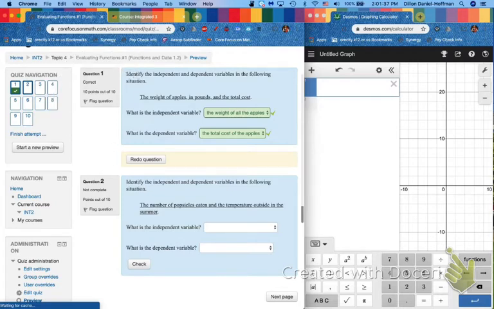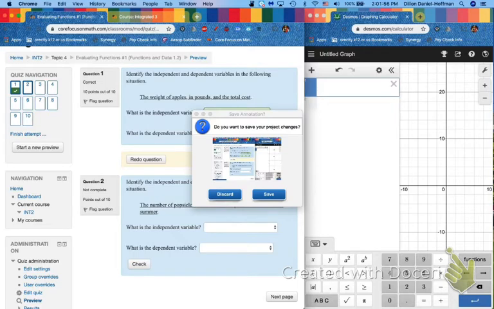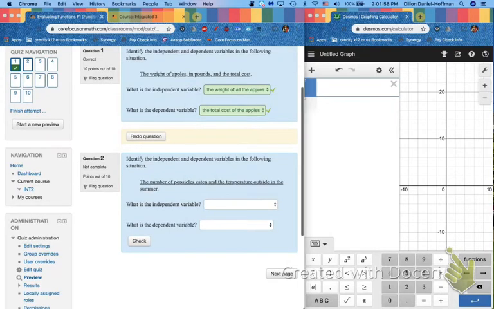So I'm going to do the same thing on the next one. Ask yourself, does the number of popsicles eaten depend on the temperature outside in the summer? Or does the temperature outside in the summer depend on the number of popsicles eaten? Can you imagine if it was the summertime and you're like, oh, I really want it to be cooler outside. It's too hot.